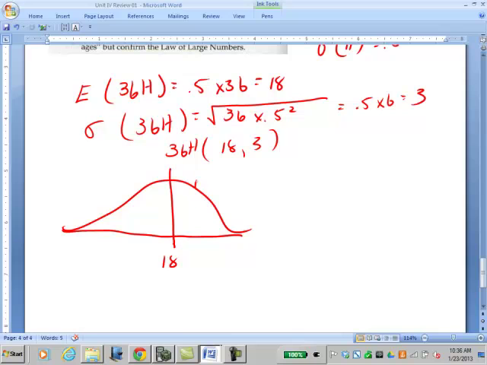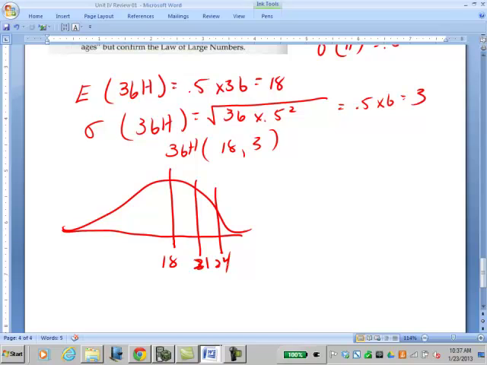The standard deviation is 3, right? So here's 21 and then 24. So 2 standard deviations is 24 heads or more. An unusual number of heads would be 24, or conversely, an unusually small number would be 12. You guys with me?